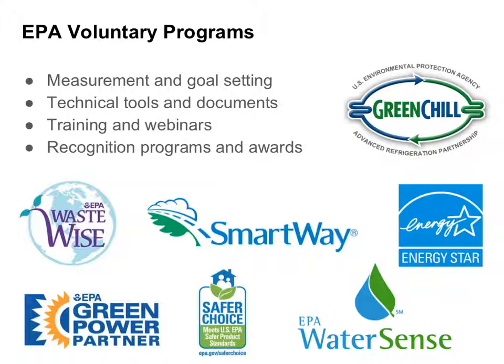Finally, when the P2 Act placed source reduction at the top of the environmental protection hierarchy, the agency developed programs that offered economic as well as environmental benefits. For example, Green Chill targets refrigerant emissions, WasteWise reduces waste and promotes recycling, SmartWay seeks to improve transportation efficiency, Energy Star labels energy-efficient products and provides energy-saving tools and resources, Green Power Partnership champions green power, Safer Choice labels non-toxic products, and WaterSense labels water-saving devices.